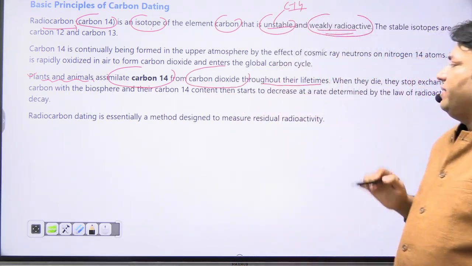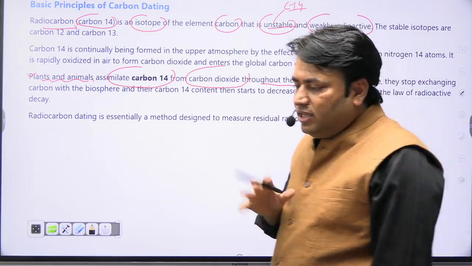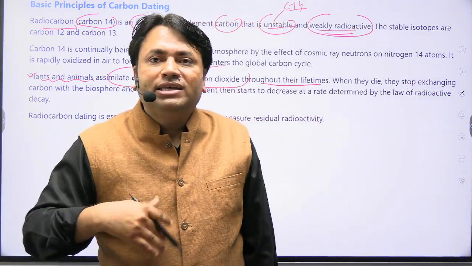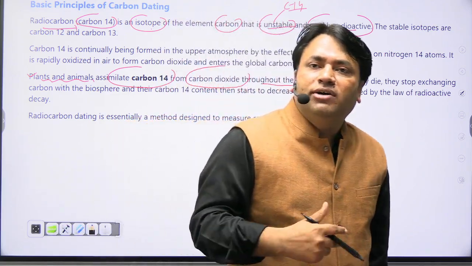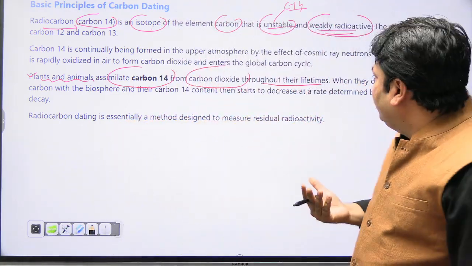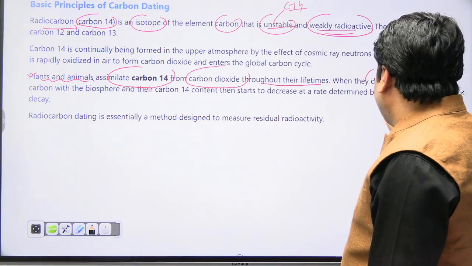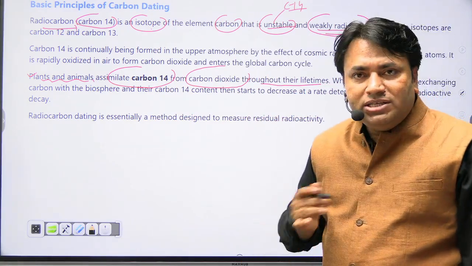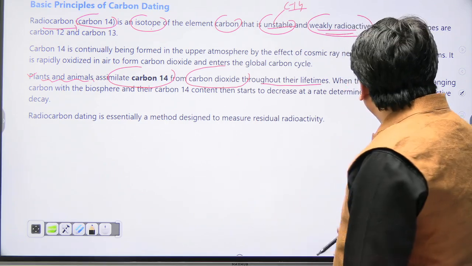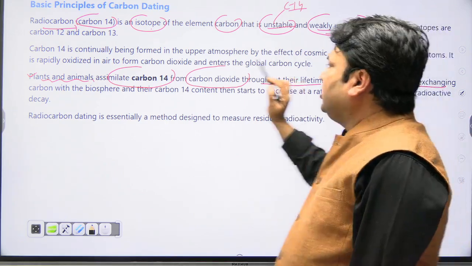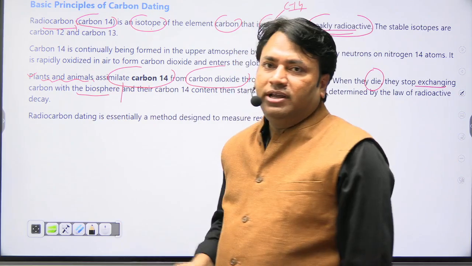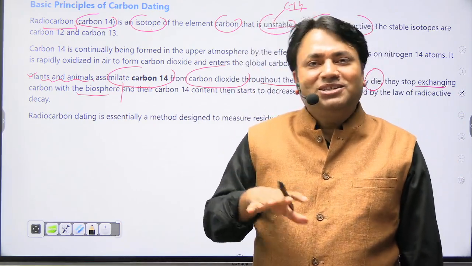throughout our lifetime. It means we as human beings also assimilate carbon 14 throughout our lifetime. When plants or animals die, we are talking about organic materials, they stop exchanging carbon with the biosphere. This process stops.